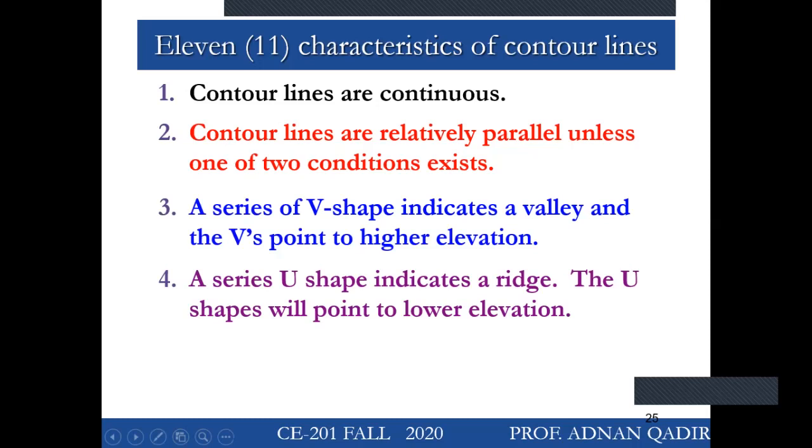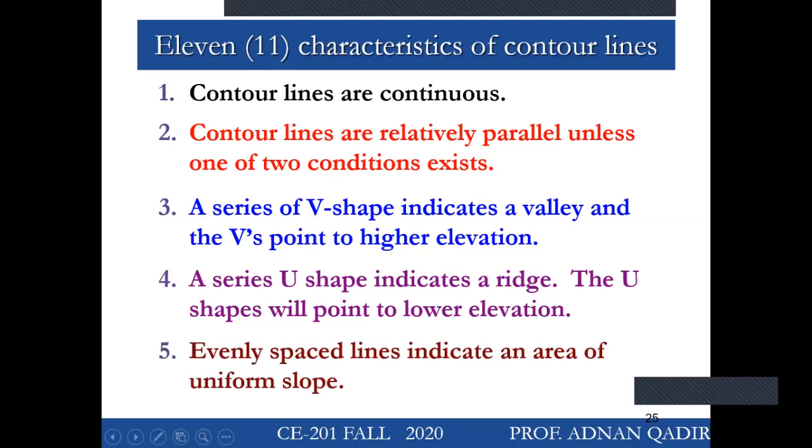And you know what a ridge is? I don't need to explain to you. And if you don't, just remember the top point of the mountains is a ridge. Evenly spaced lines indicate, so if the contour lines are equal, then there's a uniform slope.